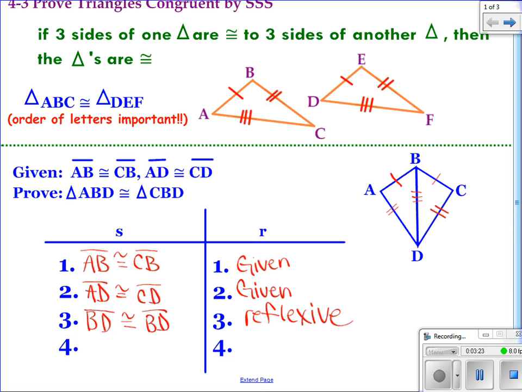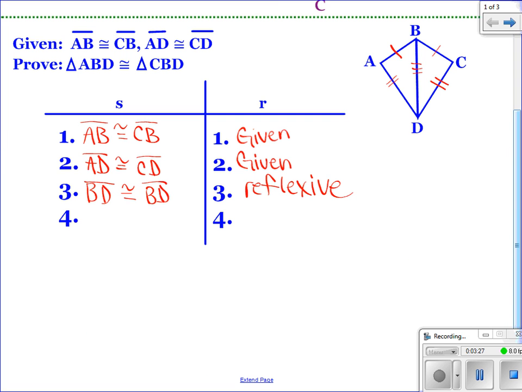Now, a common theme that you're going to see in these proofs is that we're always looking for 3 pieces of information before we can say the triangles are congruent. In this shortcut, we're looking for 3 sides. So here's the first set of sides, so I put a little dot by it. Second set of sides, third set of sides. I have my 3 dots, which means I can say my last step.